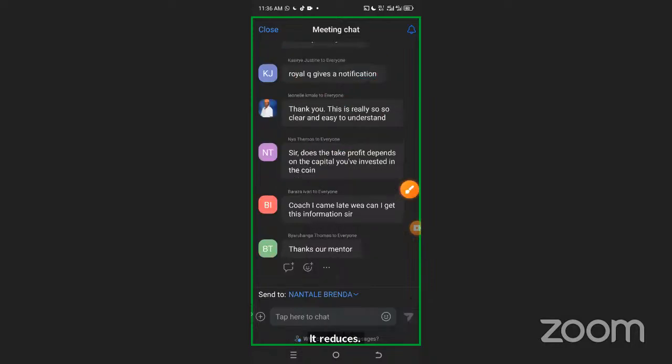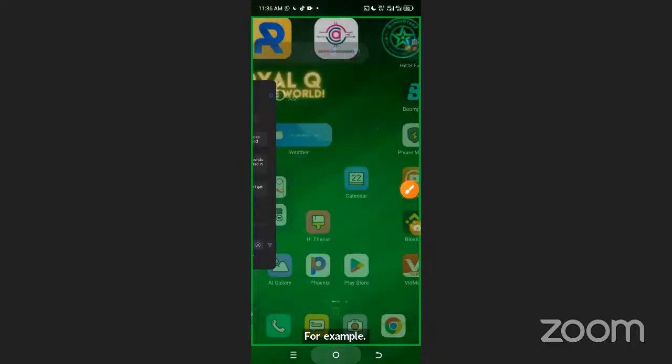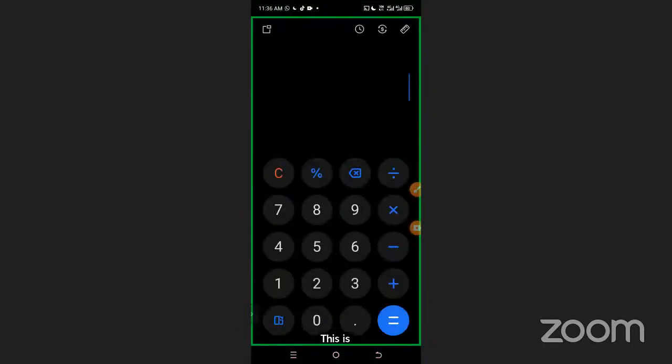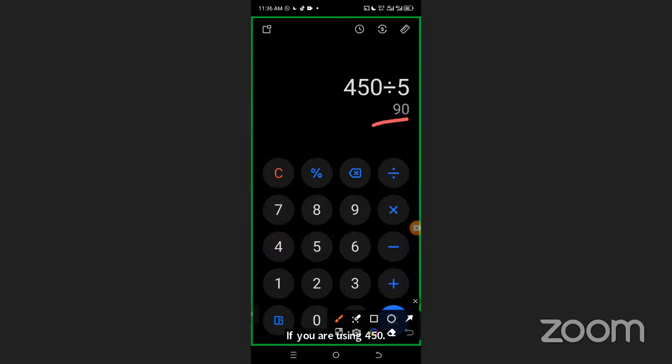For example, if you are using 450 divided by 5, you get 90, which is 90 minus 1. It becomes 89 margin calls.